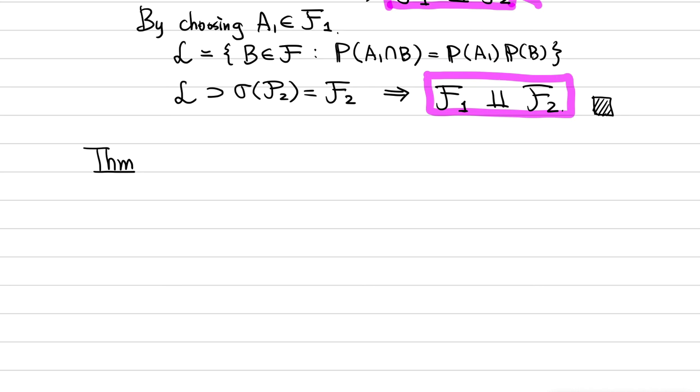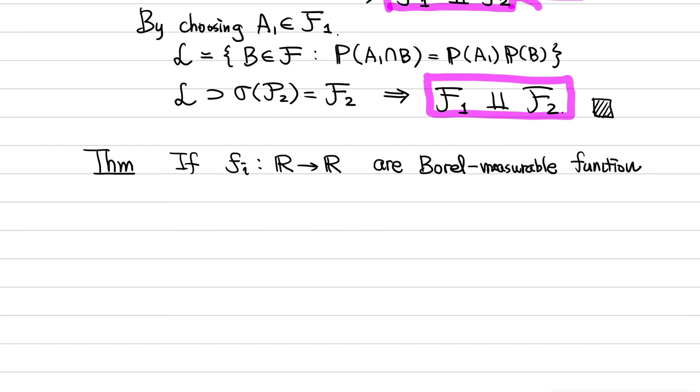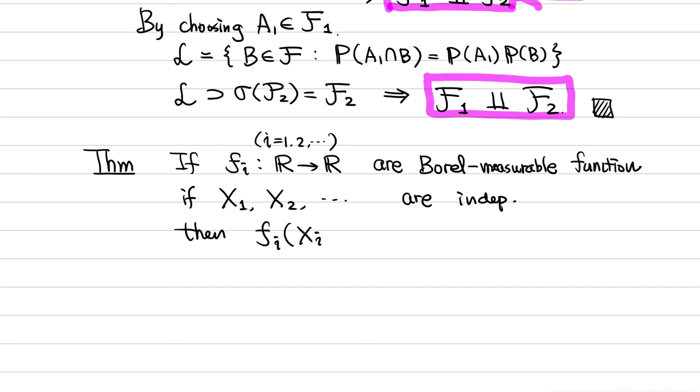So if there's a sequence of functions fi which are Borel measurable functions, they can be real numbers, positive numbers, then you can consider independent random variables X1, X2, ..., Xr. So assume that they are all independent random variables. Then it follows that if I apply fj to Xj, those are also random variables. We showed that given a random variable, its composition with any Borel measurable function is also a random variable.